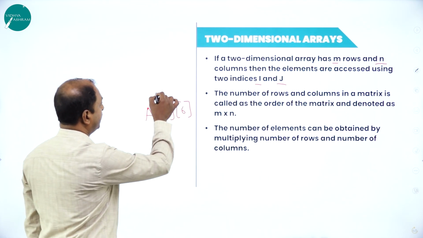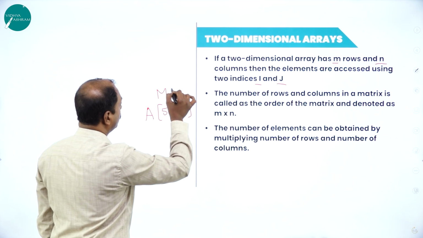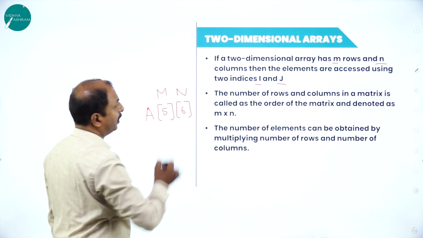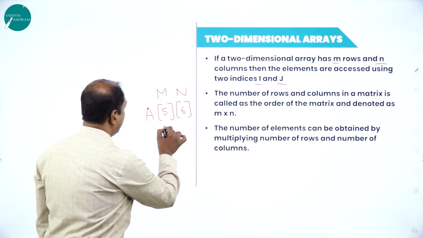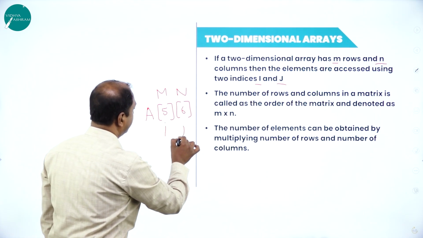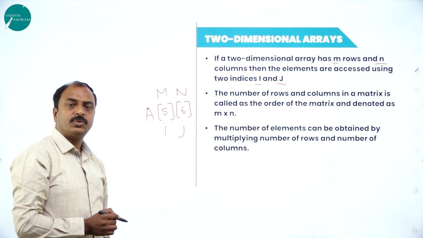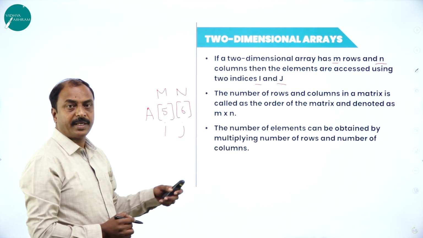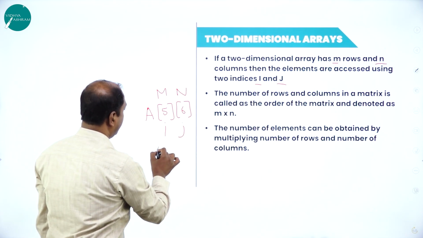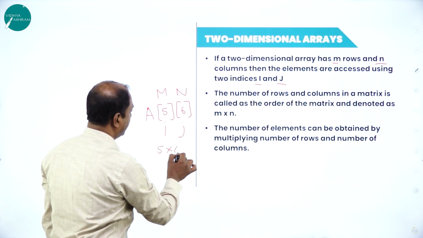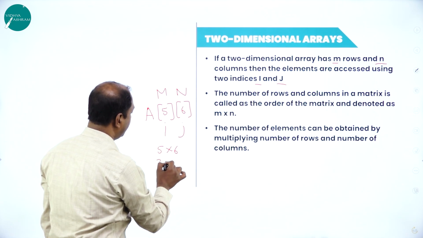So here this is m rows and n columns. And here subscript, this is i and this is j. So here what is the order of the matrix in this example? Here that is m into n, that is 5 into 6, that is equal to 30.